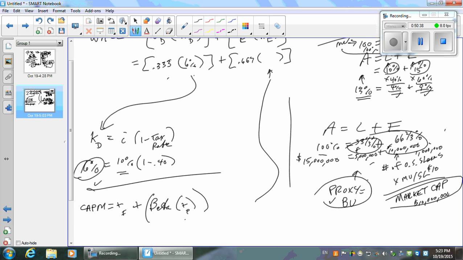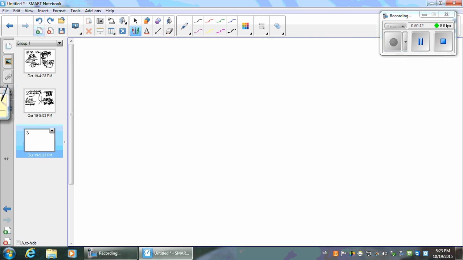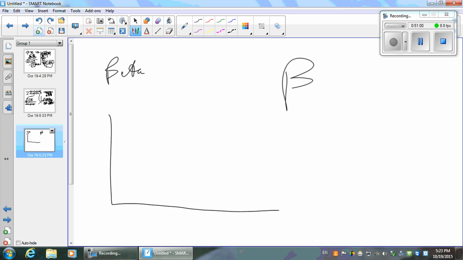So let's demonstrate this a little bit. We use a Greek letter for beta. What the beta looks like is something like this. Let's say the market is doing this.